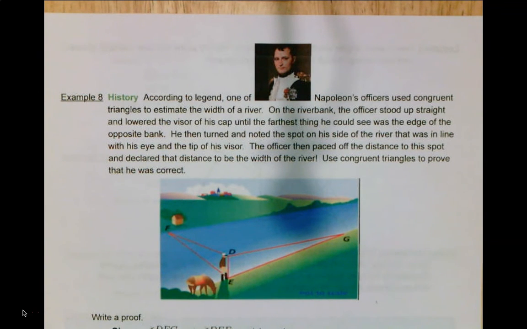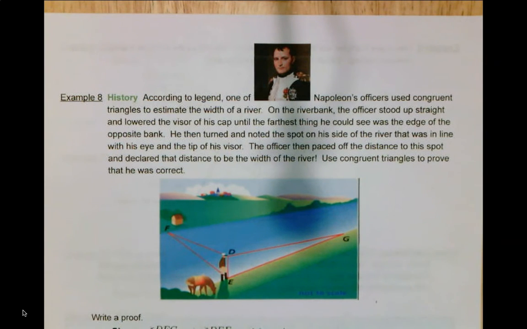Now imagine crossing an entire river with an army. Logistically, it is very, very difficult. It's dangerous. And you'll see in the video that there are a few river crossings where Napoleon loses quite a few of his soldiers to the accidents, the perils of crossing a river. So, history. According to legend, one of Napoleon's officers used congruent triangles to estimate the width of the river.